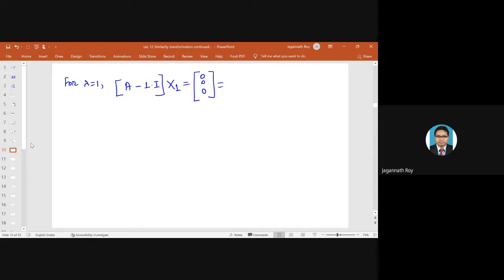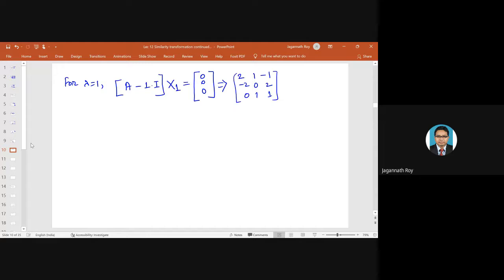So this will give you the matrix 3 minus 1, which is 2, 1, minus 1; minus 2, 1 minus 1, which is 0, 2; 0, 1, 2 minus 1, which is 1.